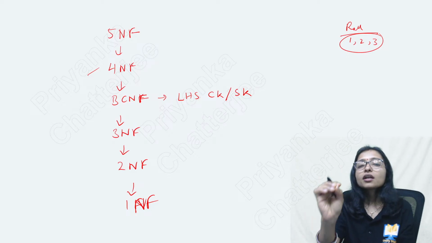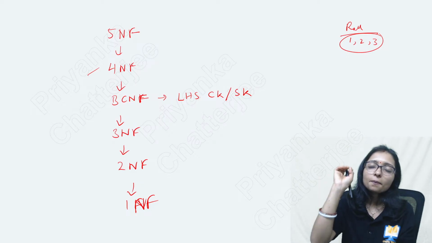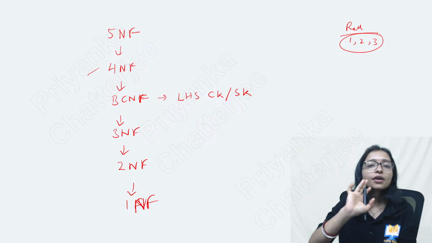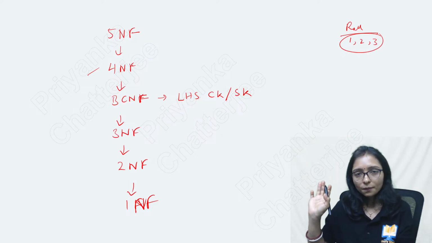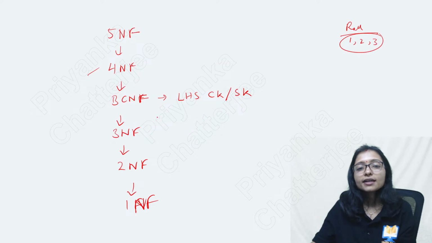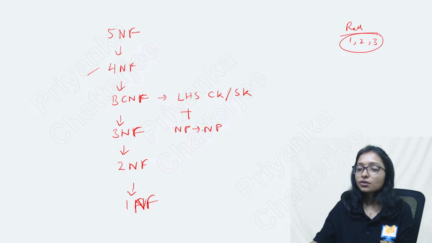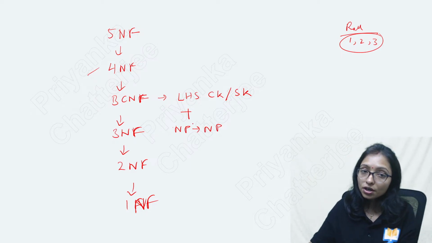Whatever dependencies are given, I want to see whether all are candidate keys or super keys or not. I will not bother about any other thing, because automatically the extra constraint of 3NF, non-prime to non-prime not allowed, is already there.